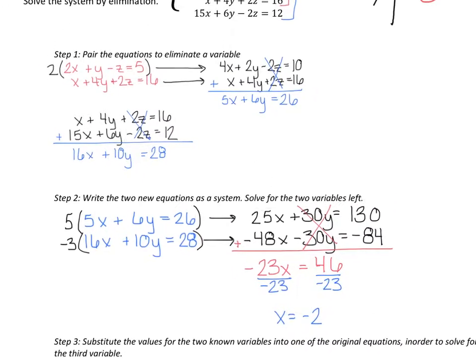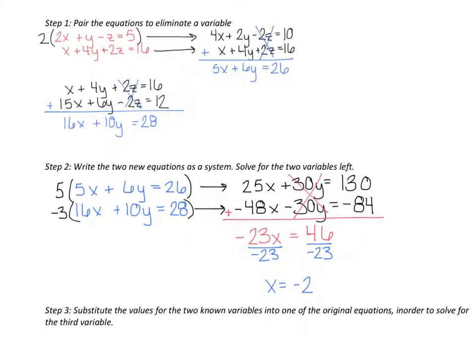Look, you took all those crazy equations and got it down to x equals negative 2. Good job. Now, in this step, they want us to get 2 of the variables. We only have 1. So where can we put that negative 2 to figure out another variable? Right where the x is, maybe up here in one of these two, and then we'll be able to solve for y.